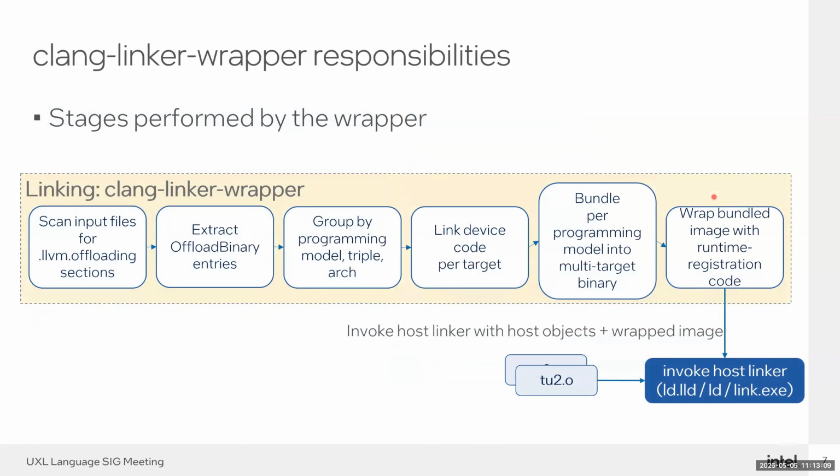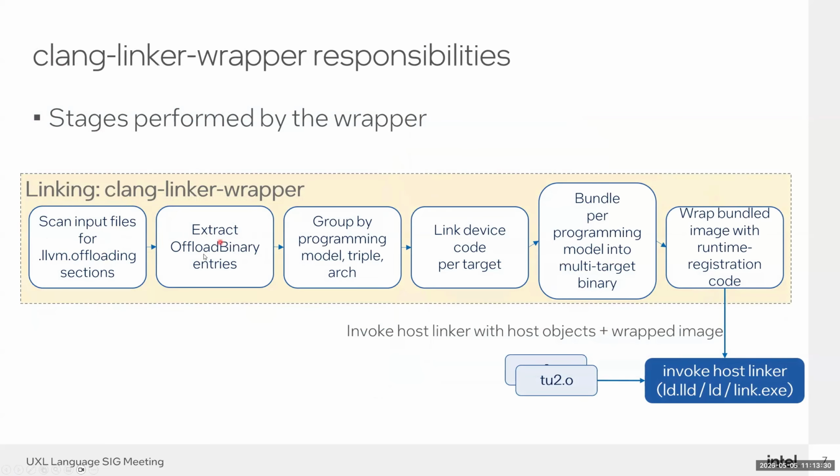So what is Clang linker wrapper doing? It scans input files for LLVM offloading sections where device code was injected after the compilation stage in offload binary format.